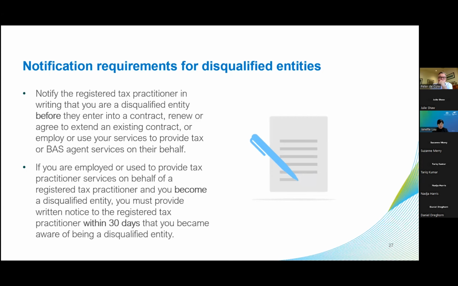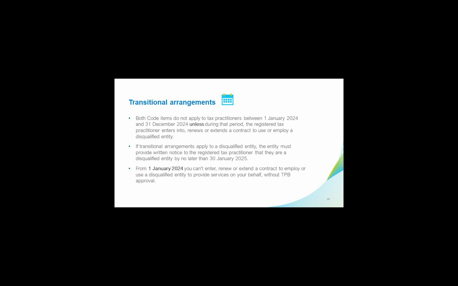Now, there are some transitional provisions in place, which we'll just talk about in the next slide. So we mentioned right up front that the board is being pragmatic in how we're approaching your compliance with Code Item 15 and 16. And in addition to that, the legislation is also taking a pragmatic approach by putting some transitional arrangements in place. These transitional arrangements apply firstly to tax practitioners, yourselves, as well as to those entities that do become disqualified.